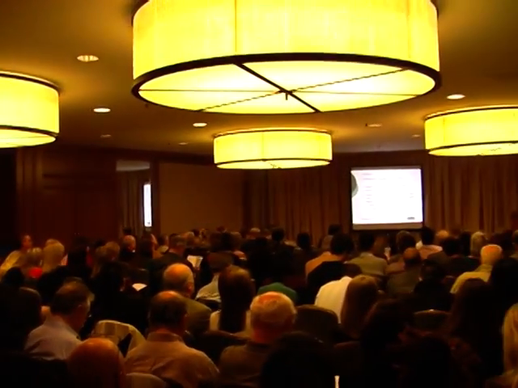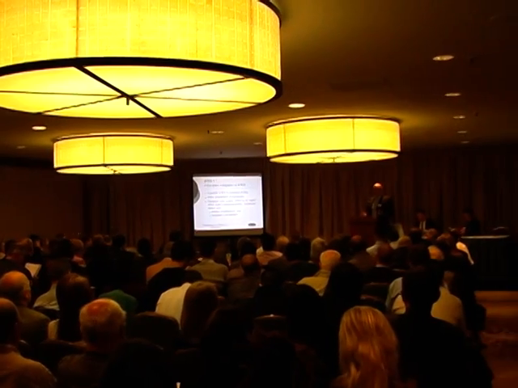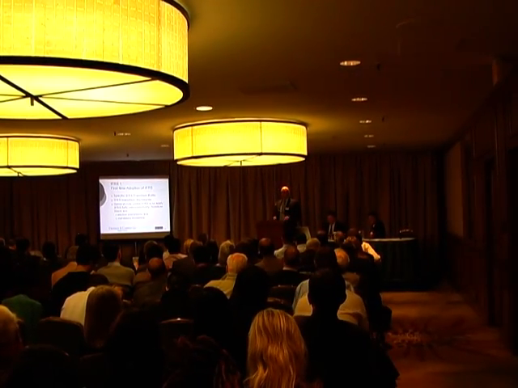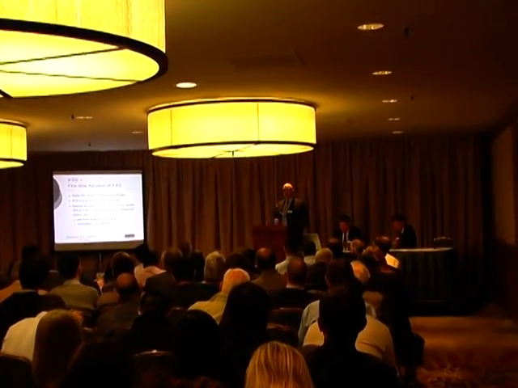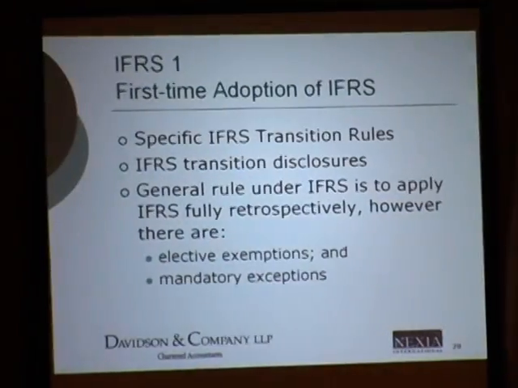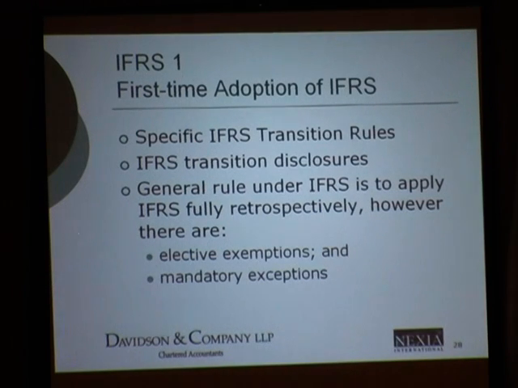And the general rule under IFRS is that you've always reported under IFRS. That's the idea. You're going fully retrospective. You're going back, and you're going to report your accounting records as if you'd always done it in IFRS. The exceptions to this are the elected exemptions. There's 16 of those. There used to be 14 until July 2009, and they added 2 more.